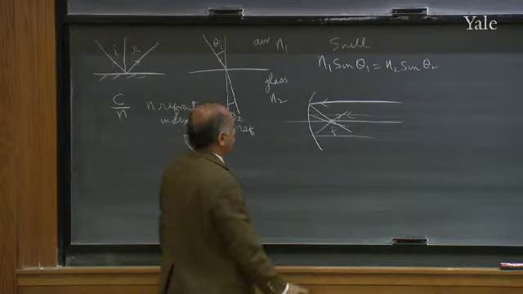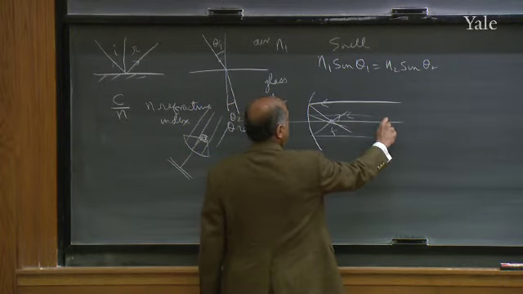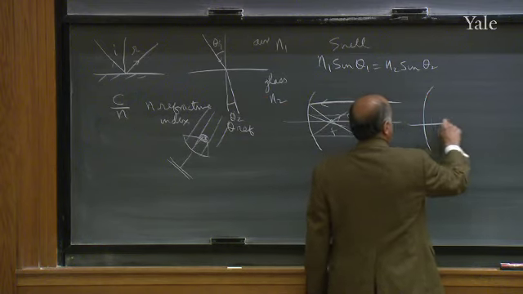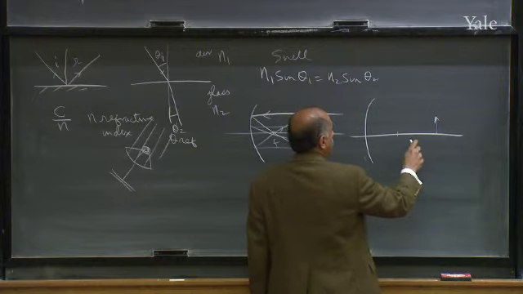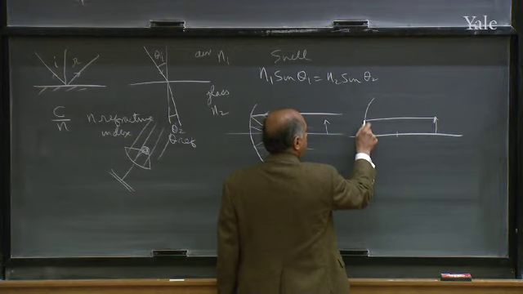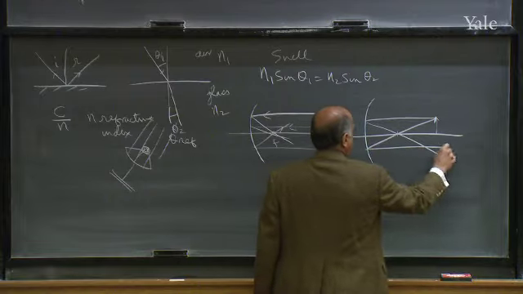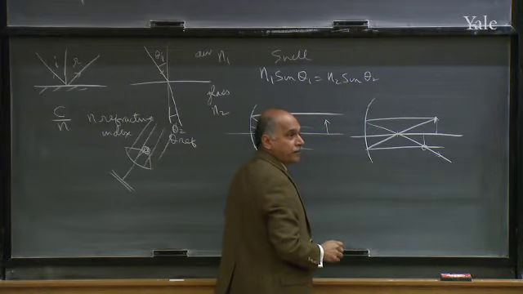Then you learn other stuff. If you don't have the object at infinity sending parallel rays, and you have an object here, what happens? You have to do other constructions. For example, you want to know what image will be formed. You draw a parallel line, and that goes to the focal point. You draw a line to the focal point, that comes out parallel, and where they meet is your image.